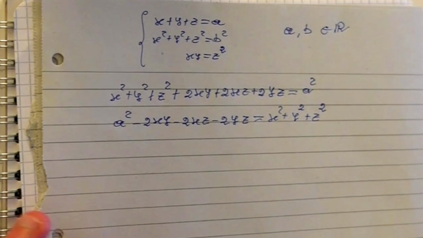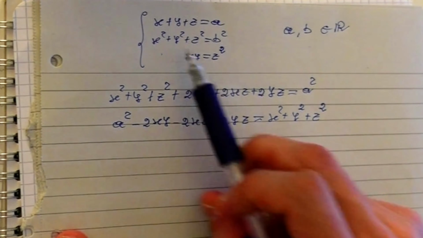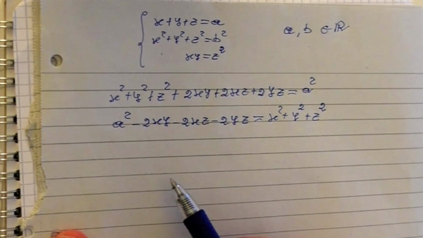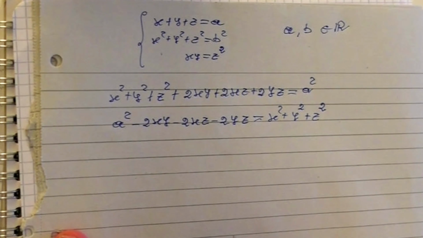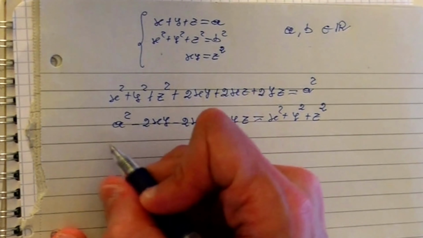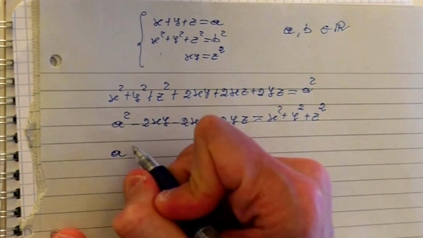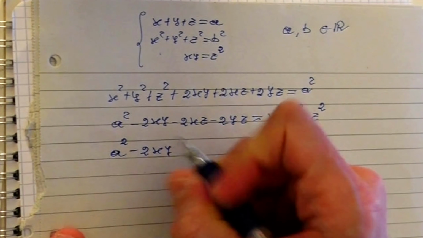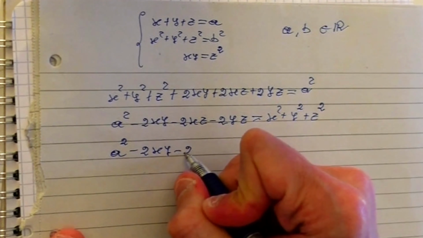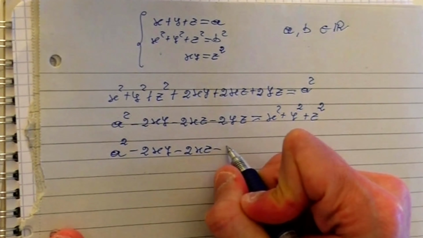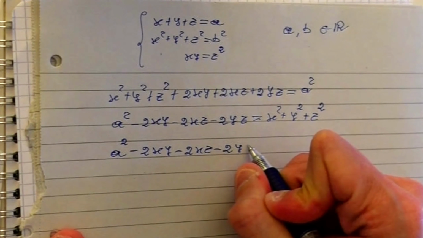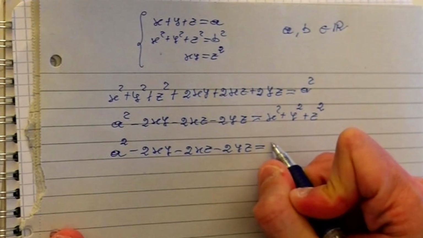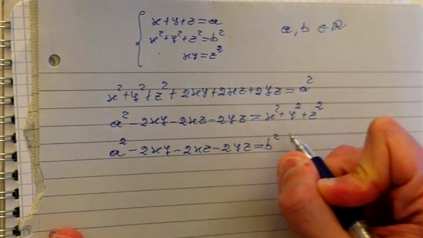Now we can insert this into the second equation, and we obtain the following situation: a squared minus 2xy minus 2xz minus 2yz is equal to b squared.